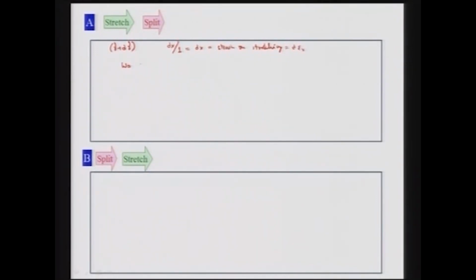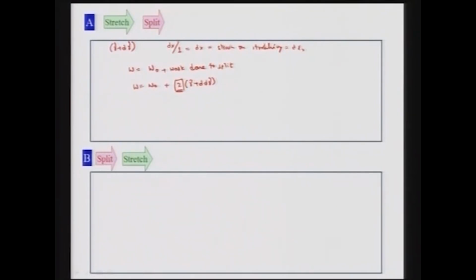So we can see the overall work done. The total work is given by the work done to stretch, that is W naught, plus the work done to split, which is 2 gamma plus d gamma, because we are creating two new surfaces. It is not one but two crystals which have been generated because of stretching and then splitting.